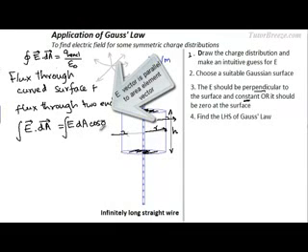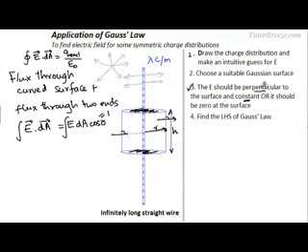We wanted to keep this term as cos 0, which has a value of 1, which makes our calculations very simple. That is why we were looking for a Gaussian surface where E would be perpendicular to the surface. And we also chose a condition that E is constant. Now if E is constant, you can put this outside the integral.